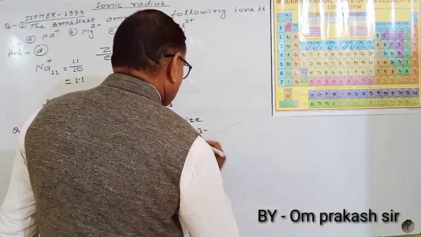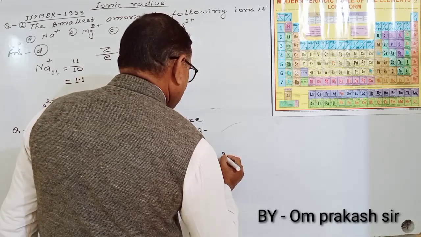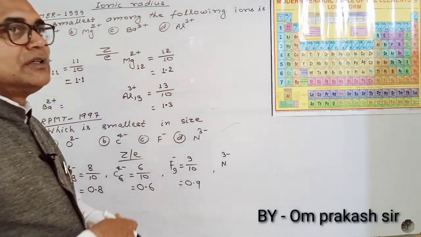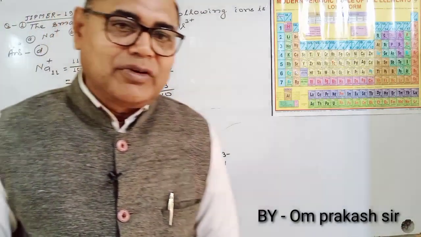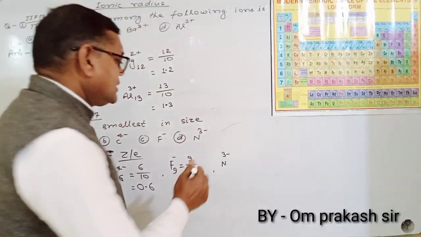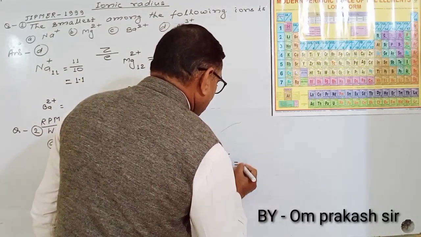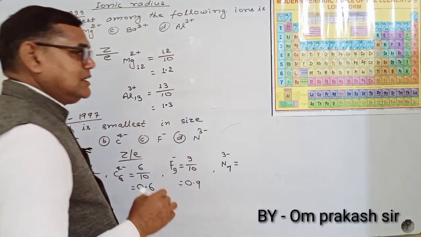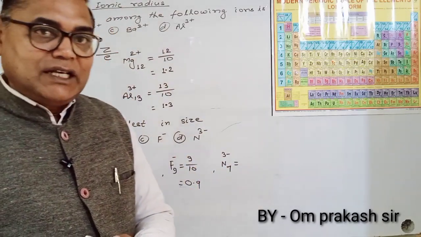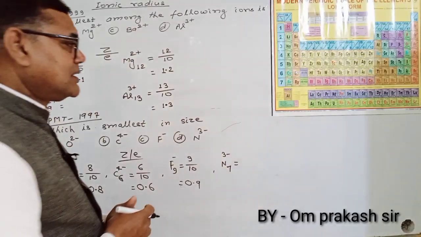Option D is nitride ion. The atomic number of nitrogen is 7. Here we write 7. This 7 is the value of Z, which indicates effective nuclear charge.